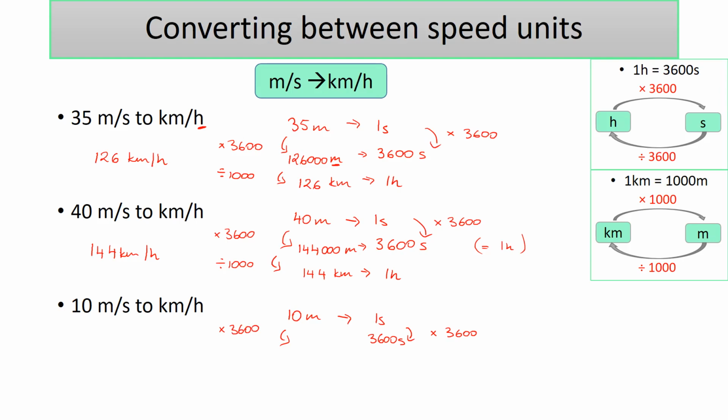So that's going to be 36,000 meters. Now to convert from meters to kilometers, I need to divide by 1,000, which gives me 36 kilometers, and 3,600 seconds is equivalent to 1 hour. So that means the answer is 36 kilometers per hour.